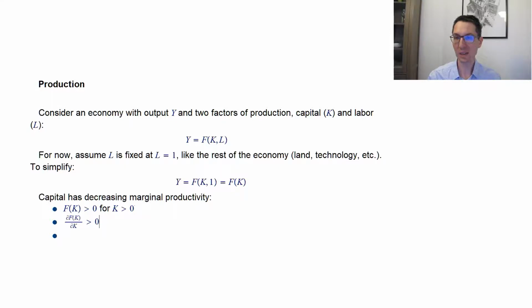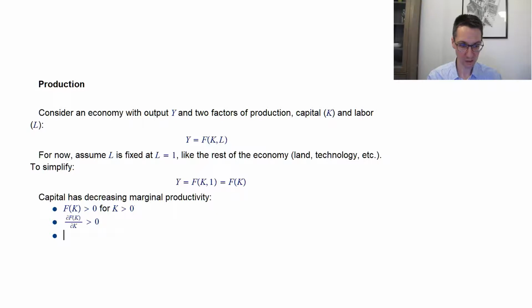So what does that mean? It means if I have, say, a very large amount of capital, then at some point it doesn't give me all that much. If you give me even more capital, I can't exploit it very well. So its impact on output is even smaller than before. So how do I write it?